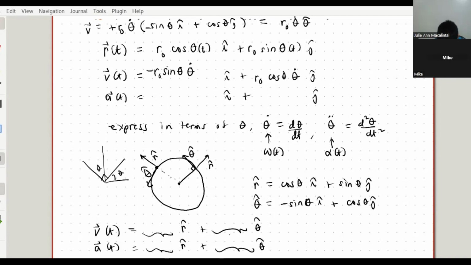Ngayon, kailangan natin yung acceleration. Meron kang perpendicular component at meron din na component na tangent to the circle. So get the derivative again to get these, and then split it up into something times r hat plus something times theta hat.